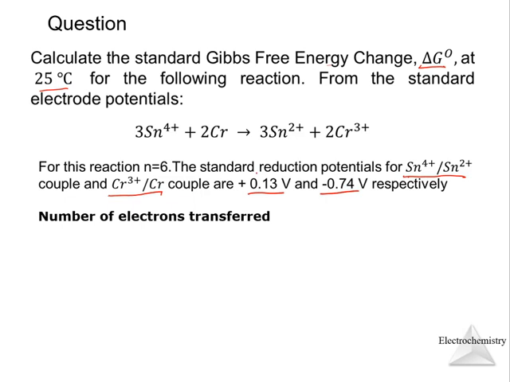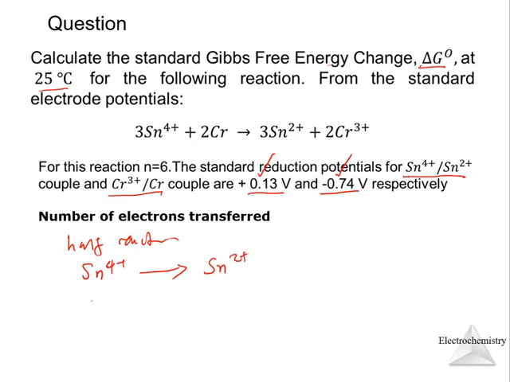So in short, this is undergoing reduction and this is undergoing oxidation. Then let's determine the number of electrons transferred. We split the reaction into half reactions. So the first reaction is we have Sn4+ giving us Sn2+.